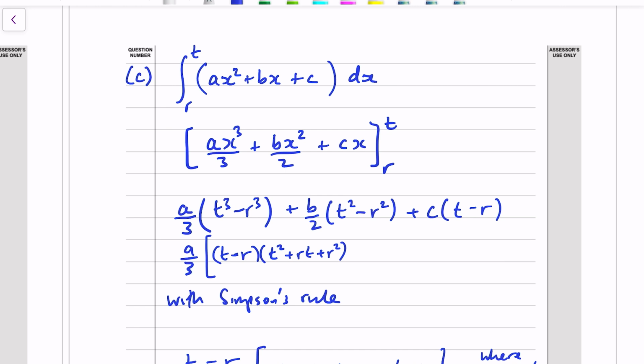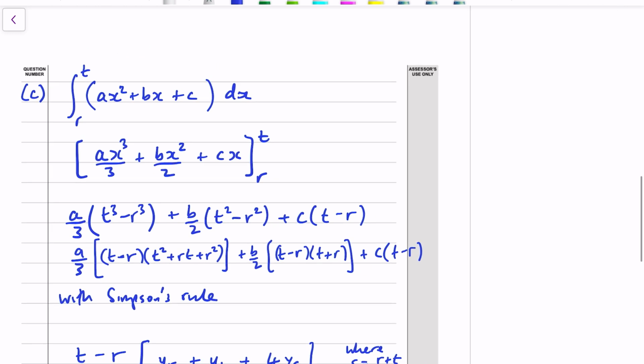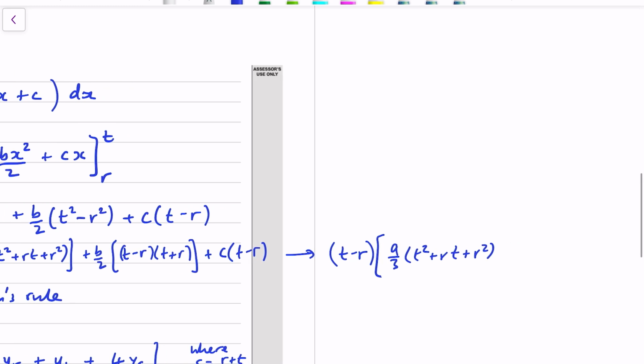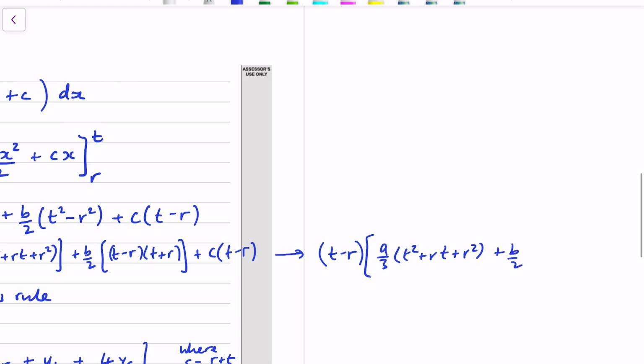And then the second one is a difference of 2 squares, t minus r, t plus r. And then the last one's got the t minus r. So if we pull a t minus r factor out of that, we've got a over 3 times t squared plus rt plus r squared, b over 2 term times t plus r, and a c.